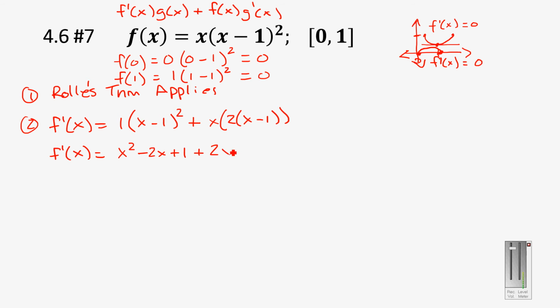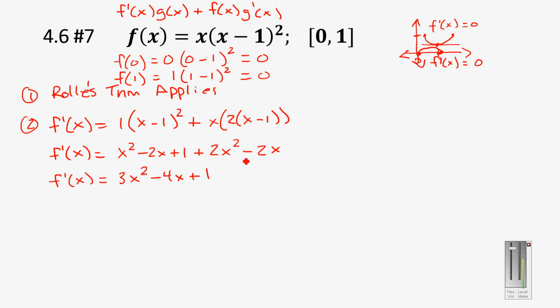So it's 2x squared, minus 2 becomes minus 2x. That looks pretty good. Take f prime of x a little bit further, see if there's anything I can combine here. That becomes 3x squared minus 4x plus 1.